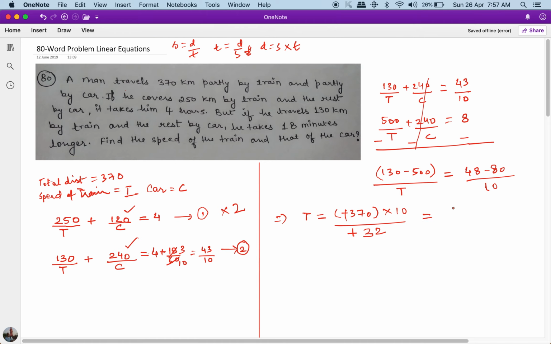What I'm left with is 370 into 10 by 37, which simplifies to 10. Okay, this is the speed of the train, and I have to plug the same speed in one of the equations to get the speed of the car.